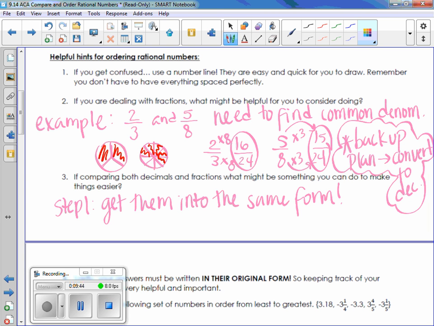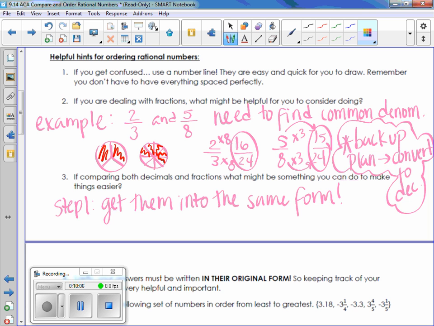I guess I should say get the numbers into the same form. A lot of times you guys like to convert to decimals, every single time. But sometimes if you're smart and think ahead, and the denominators are easy to convert, sometimes it is easier to go to a fraction. It just depends. Okay, but usually it's decimals.